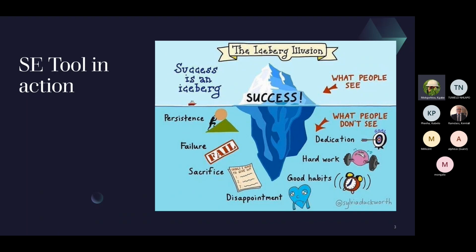I'm sure you can see the iceberg illusion there on your right. Normally we call it an iceberg, because with an iceberg you can only see the top, but the bottom you won't be able to see because it's hidden.